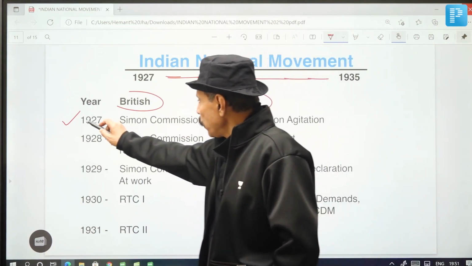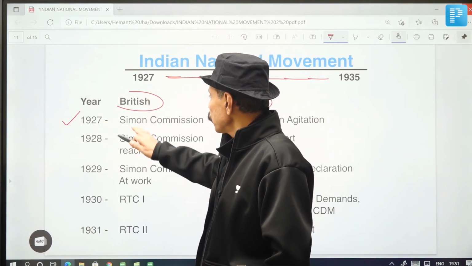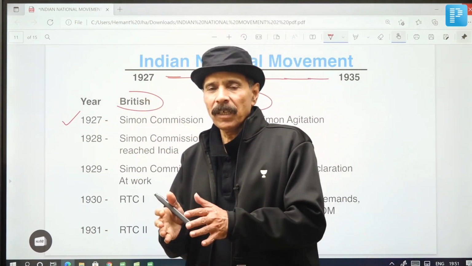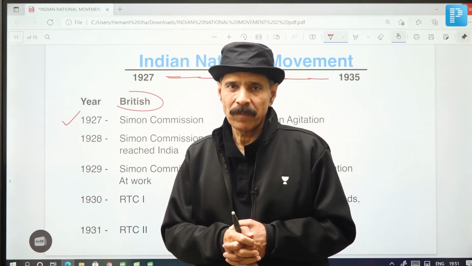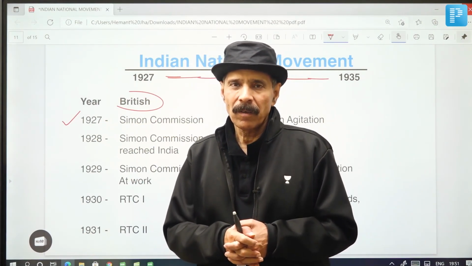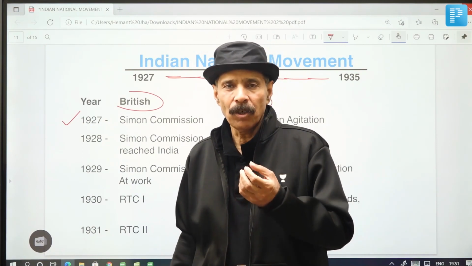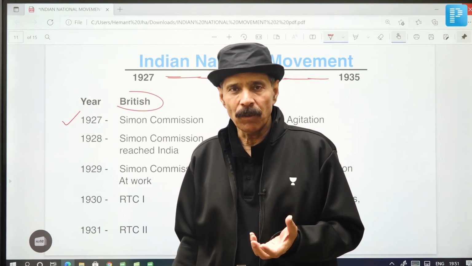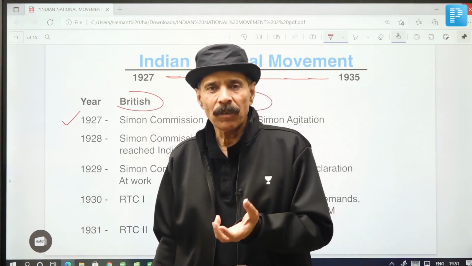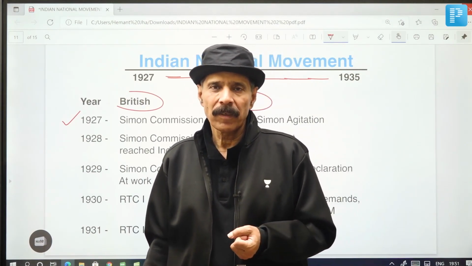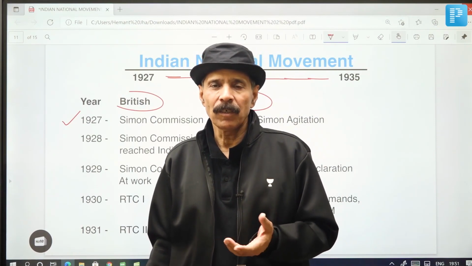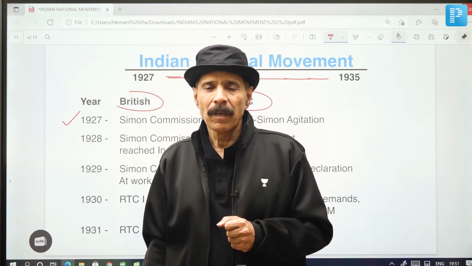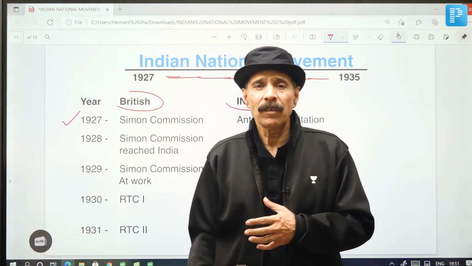So in 1927, the British announced the appointment of Simon Commission, a commission headed by John Simon. And the objective of this commission was to review the working of the Government of India Act 1919 and to present recommendation for future constitutional reforms in India. But this commission had no Indian member.